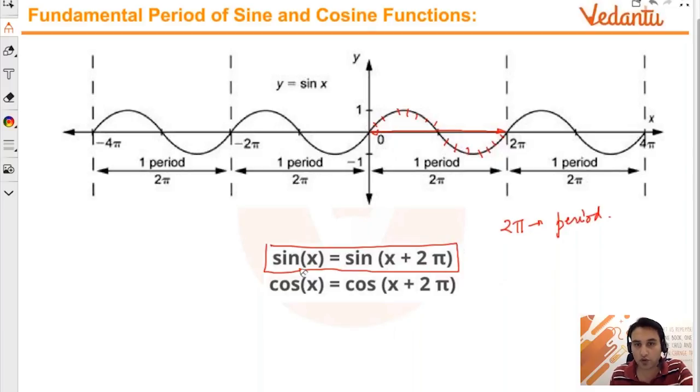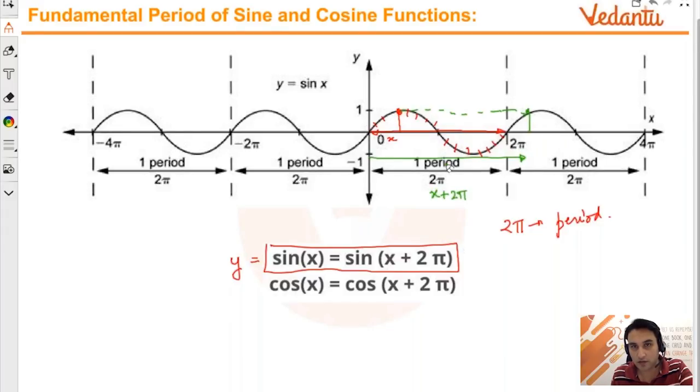We can also write this as follows: if y is equal to sine x, then the value will remain the same if we increase the value of x by 2 pi. Whatever value you get at any x, you will again get the same value at x plus 2 pi.